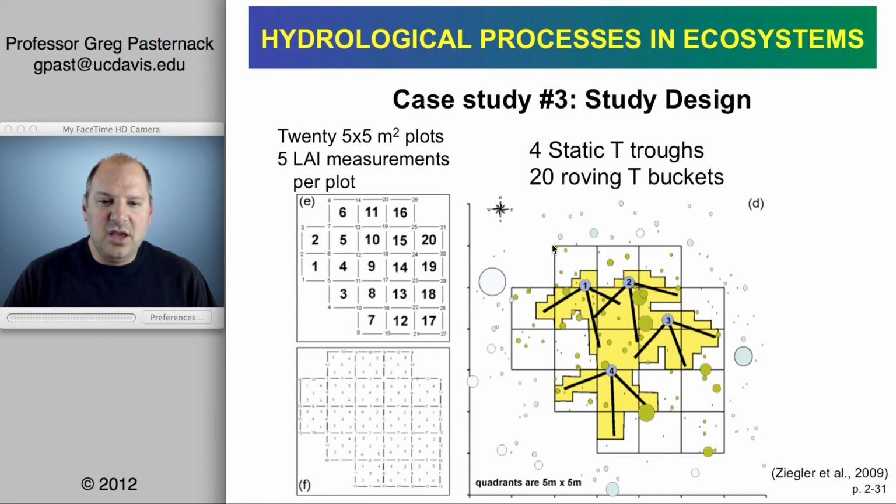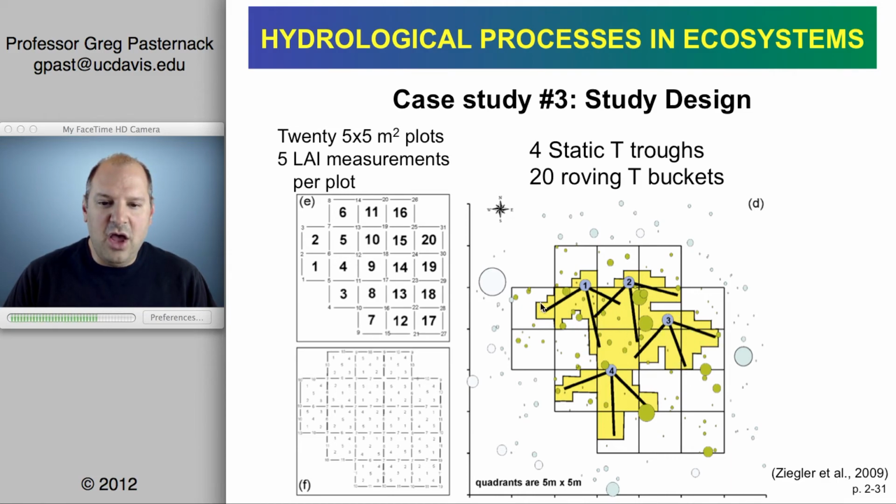And then they looked at that canopy, and the canopy is illustrated with these different size circles, and they put in troughs. So just like in the first study I showed you, these troughs are very long. I mean, these are the 5 meter boxes. It's the same setup as shown in these other plots. There are 4 trough data loggers, or like tipping bucket gauges, and you can see how they're funneling.